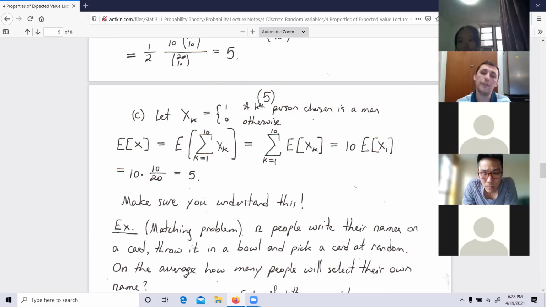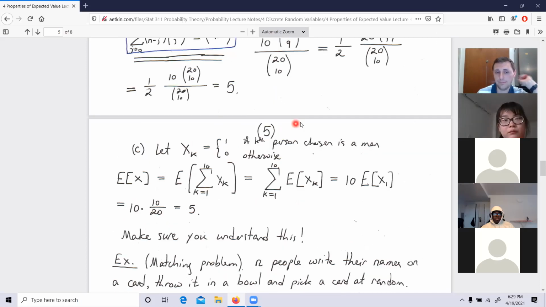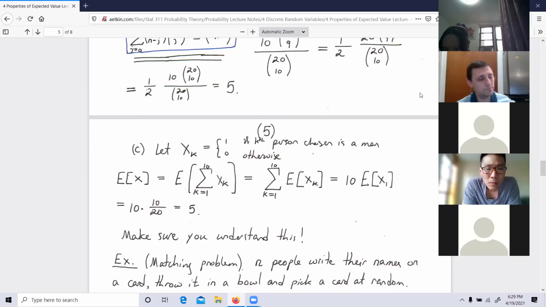On average, how many individuals will pick their own hats if you have n individuals? Is the question clear? If I have 20 individuals and 20 hats, and each picks a hat at random, how many on average will pick their own hat? You can do it with n.